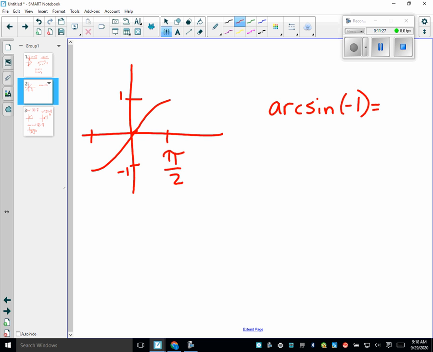Is sine -1. Did we say sine was y over r? Is sine -1 when y is -1 and r is 1? What would that make x?